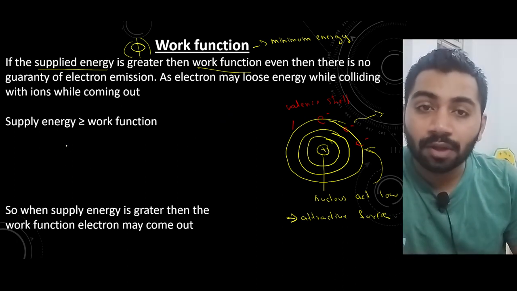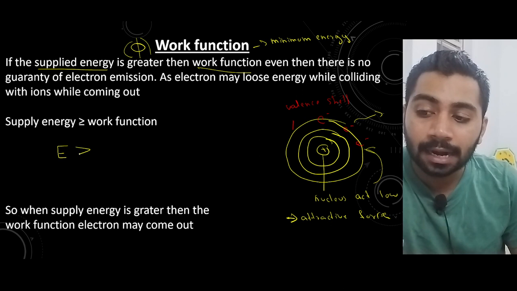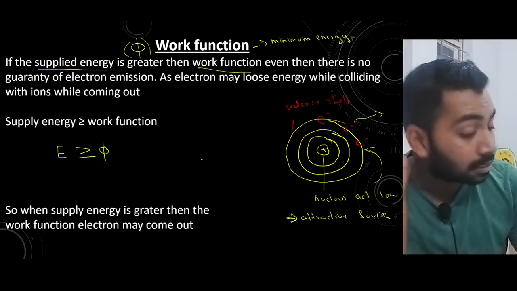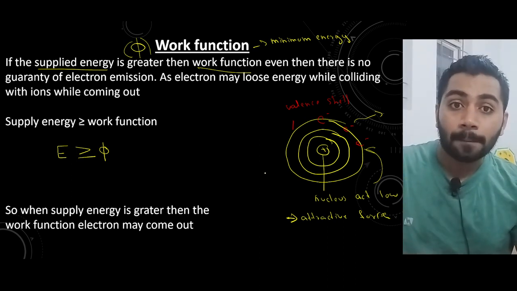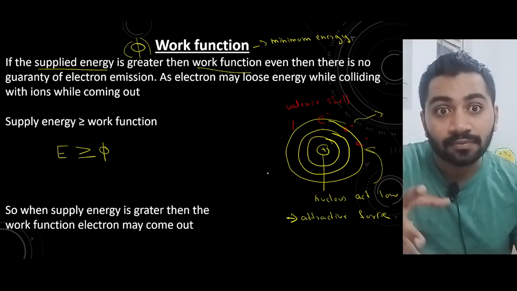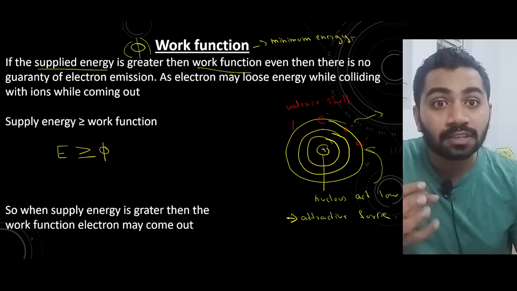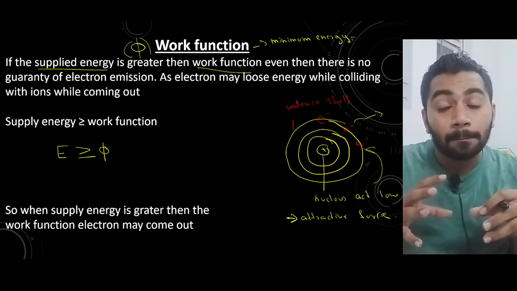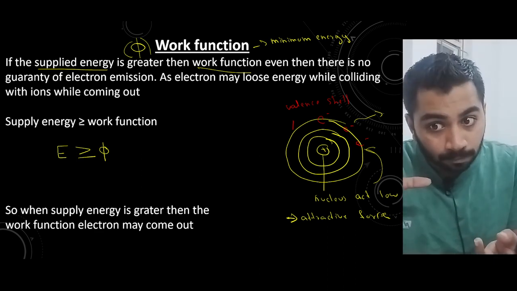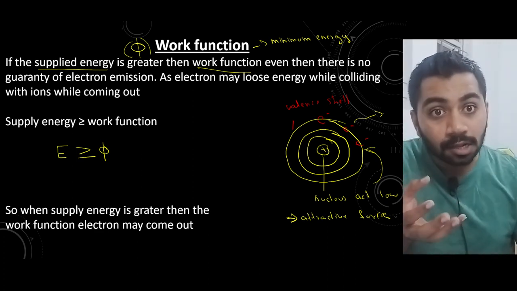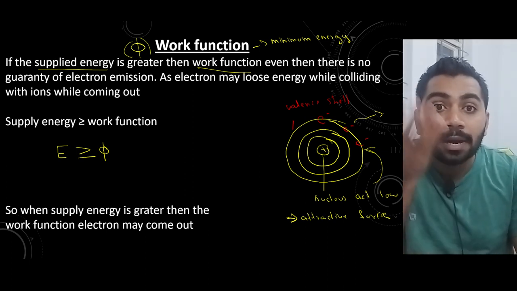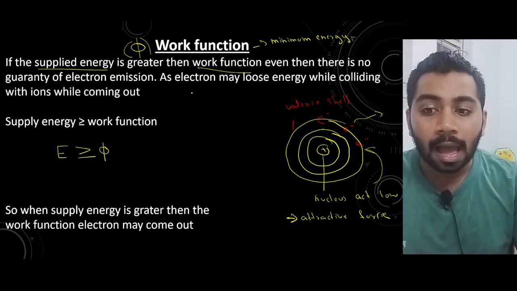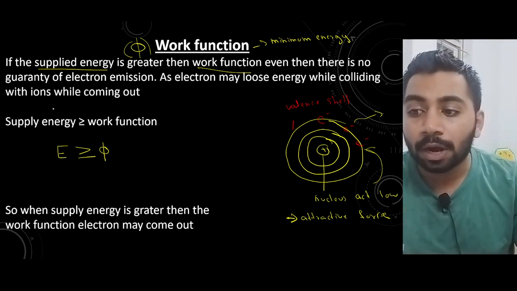For suppose we are applying energy greater than or equal to the work function, which is the minimum energy, the electron comes outside. But if we apply energy more than the work function, then also there is no guarantee that the electrons can come outside. Why? As the electron loses energy while colliding with the ions.